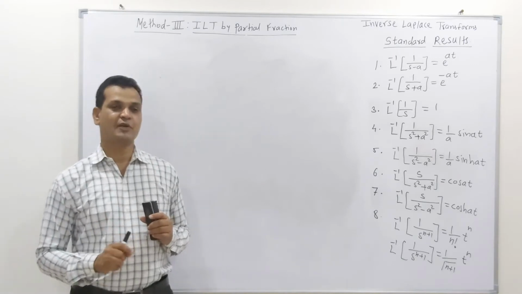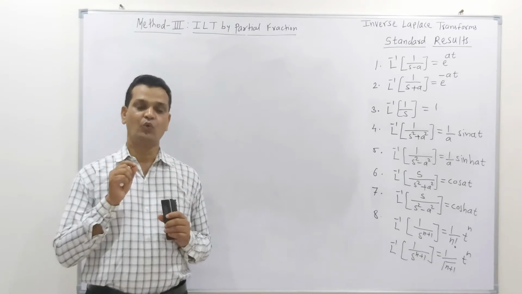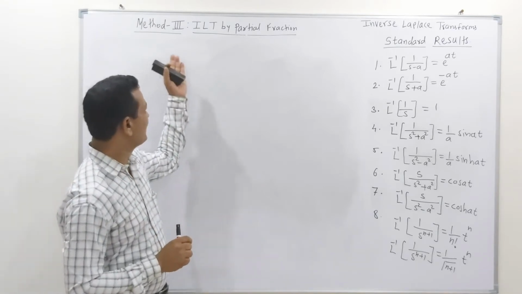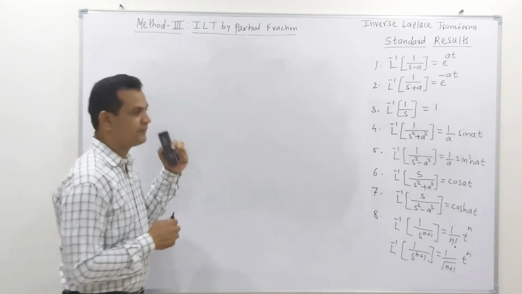Now in this video lecture, we are going to cover such type of example which is somehow critical for solving examples based on the partial fraction. Now let's take the first example.